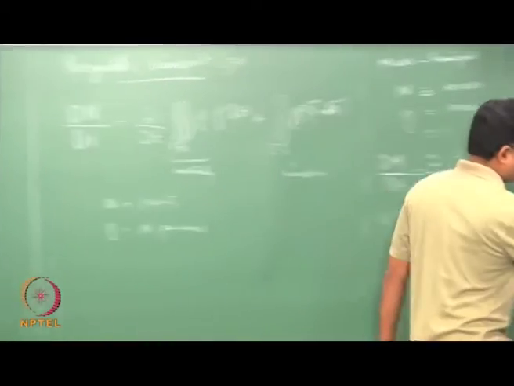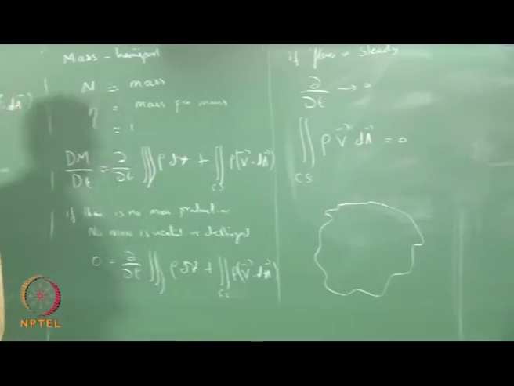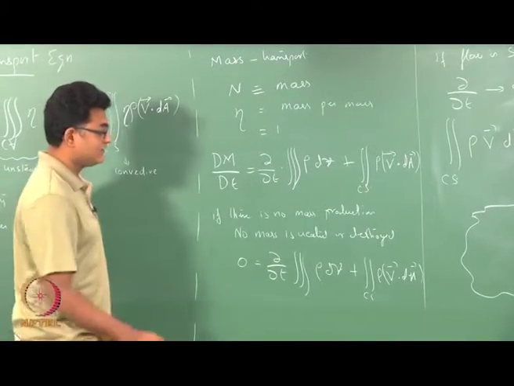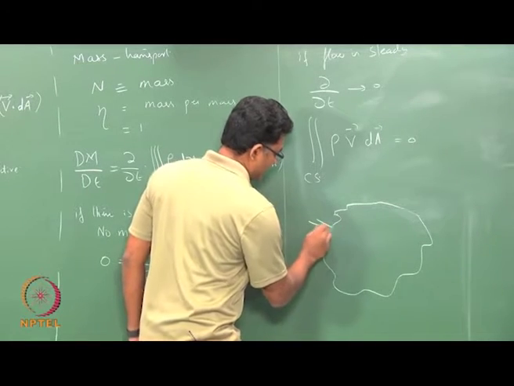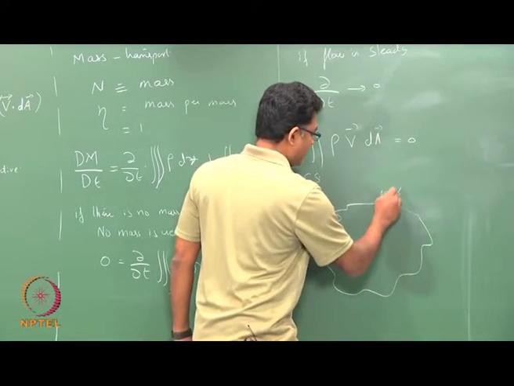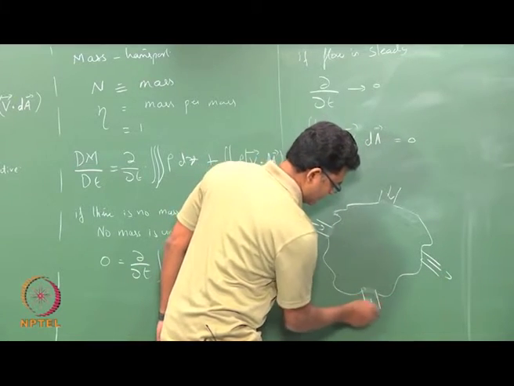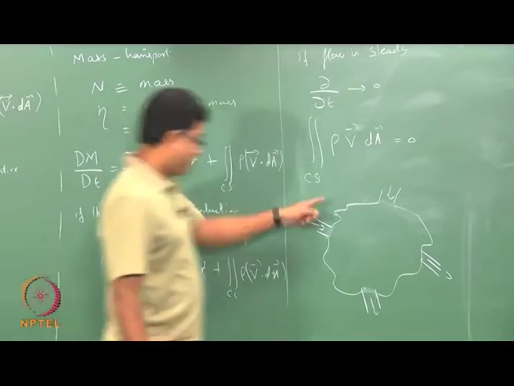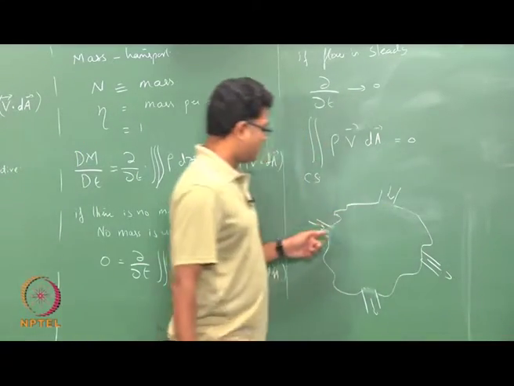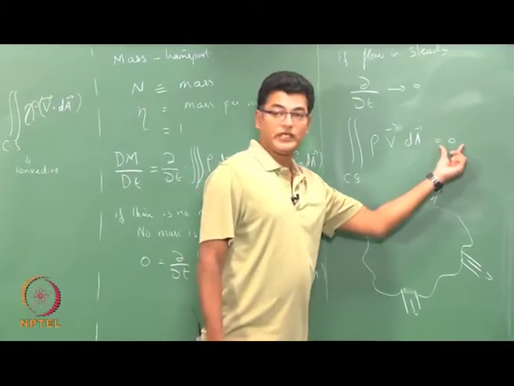If I have a control surface, assume a 3D control surface, and there is mass that is coming in and mass that is going out. If I integrate this quantity along the surface, the net value is 0.